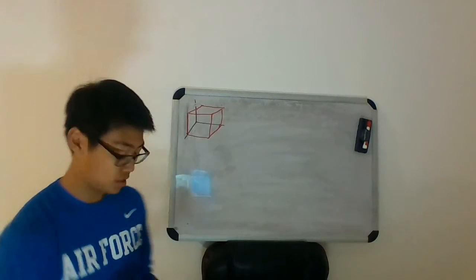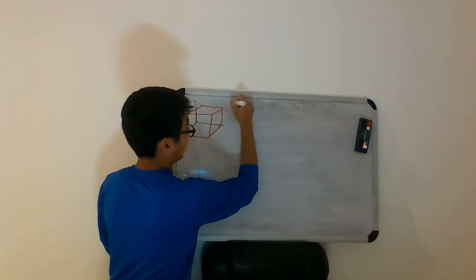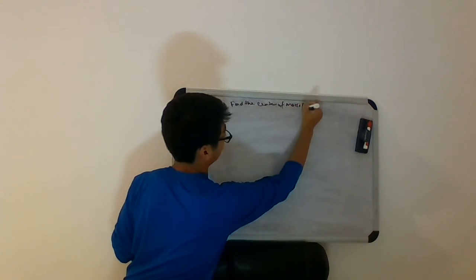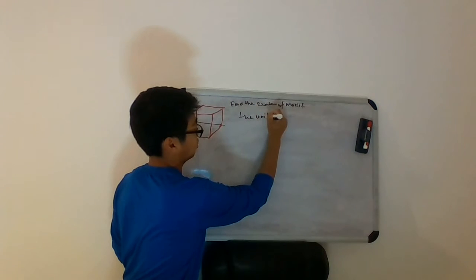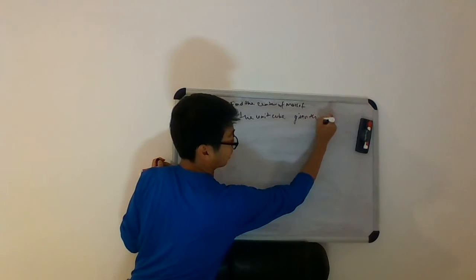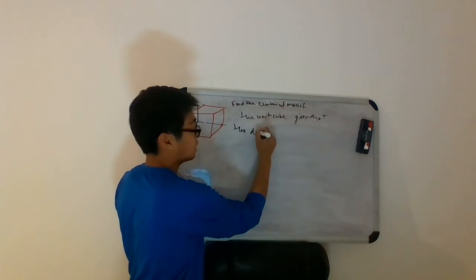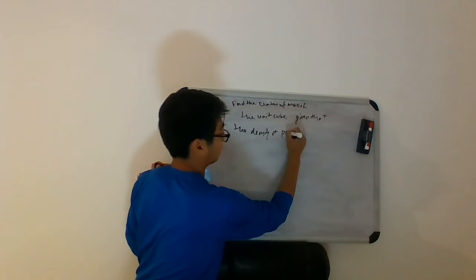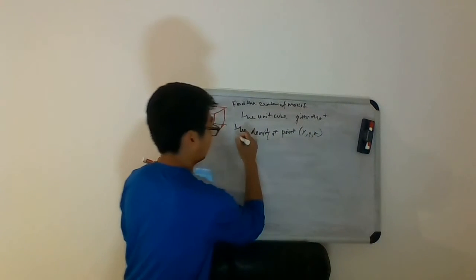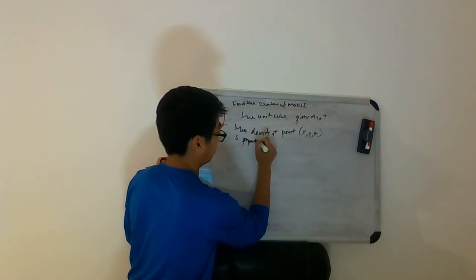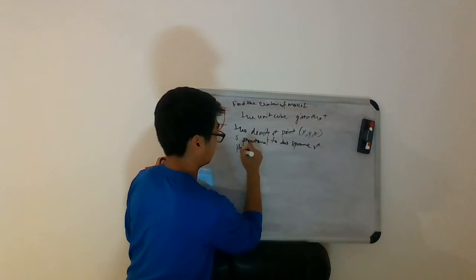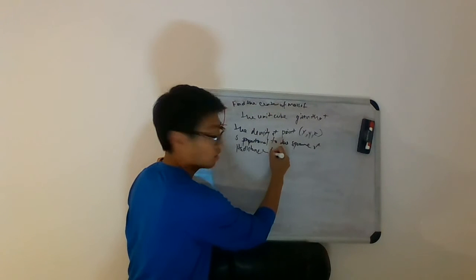And the problem is, find the center of mass of the unit cube, this unit cube, given that the density at point x, y, z, so at any given point within the cube, is proportional to the square of its distance from the origin.